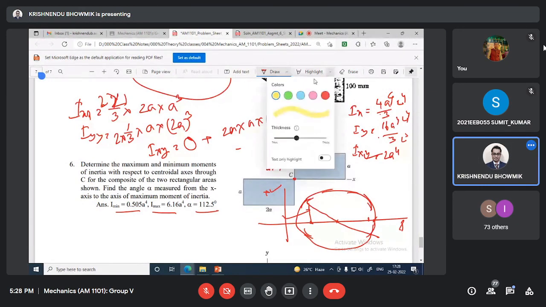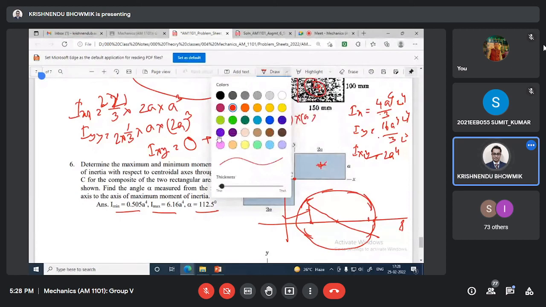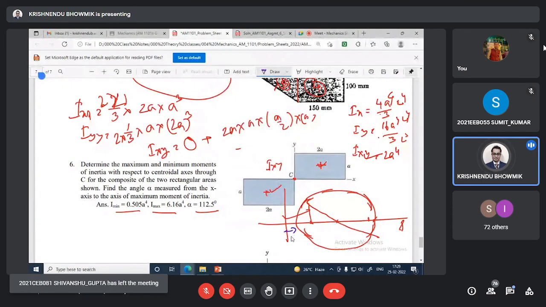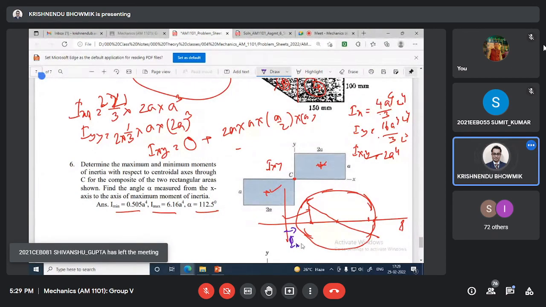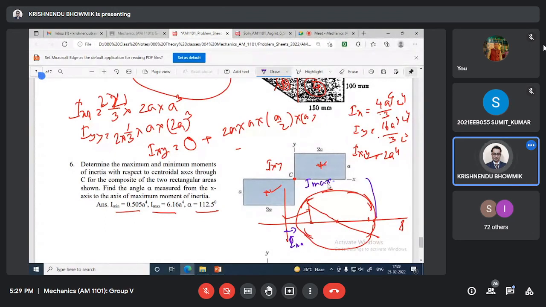This is I max, this is IXX, this value is IYY. Now, if you consider this is a theta anticlockwise, some theta or alpha, 2 alpha actually here.